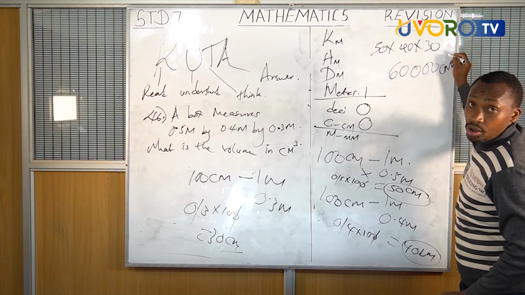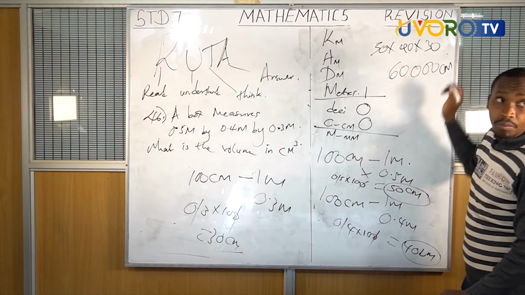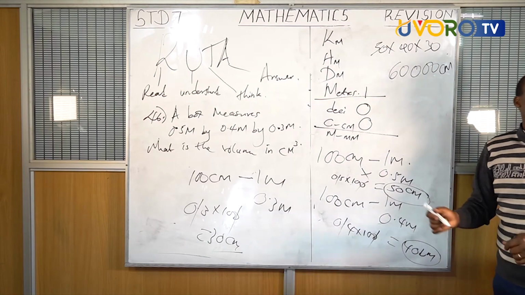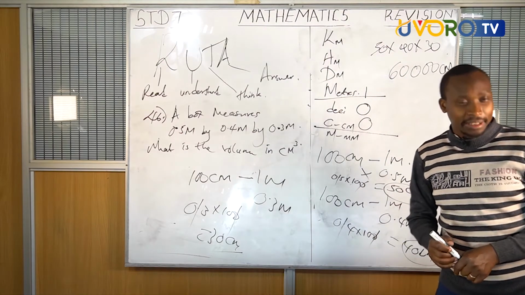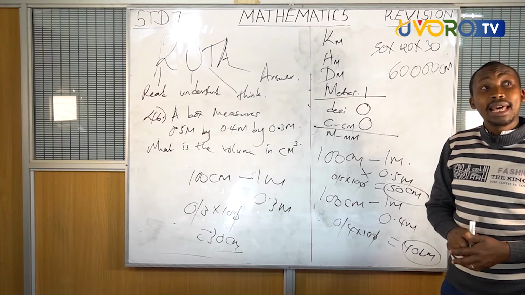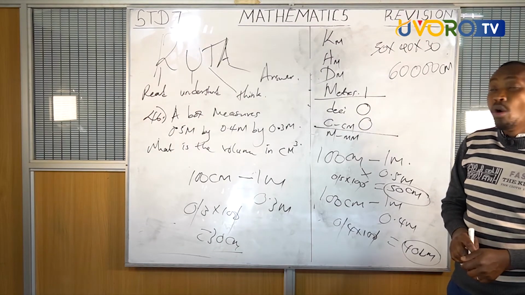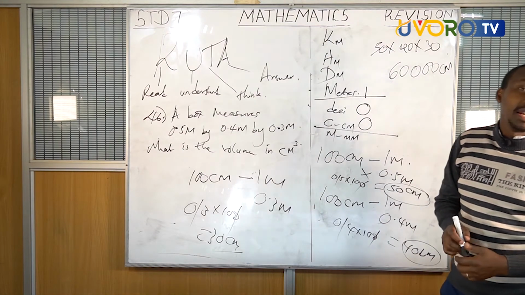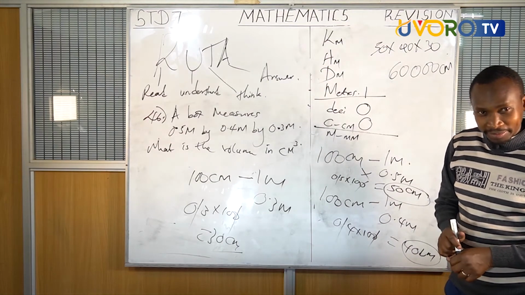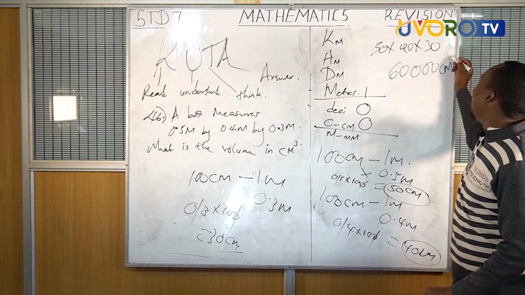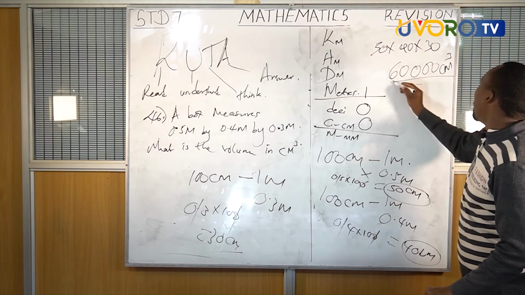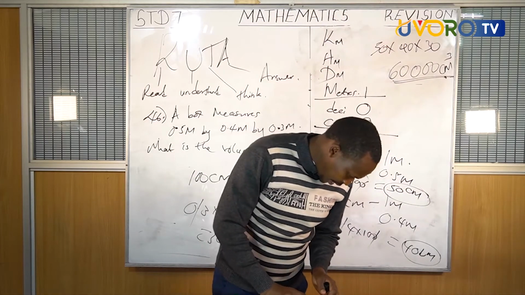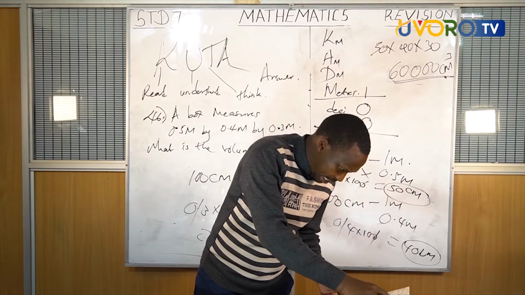Because it is volume, we cannot write 60,000 goats or rats or the one that is there in your home. That might be the little cat. So it is centimeters what? Cubic centimeters.